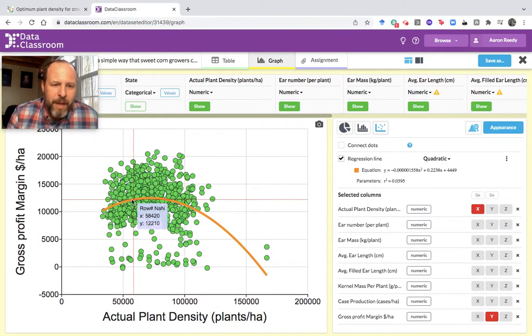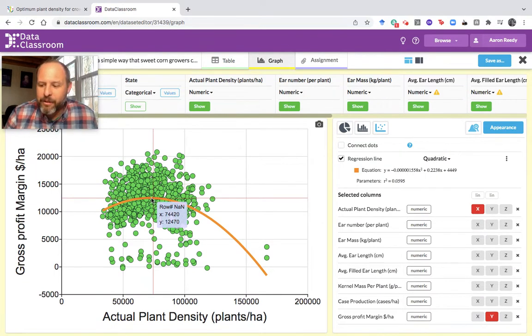And you can see that the model predicts profit there of only $12,210 per hectare. And so the difference between that and the optimum in this model, which is somewhere up here, 12,470, indicates that on average, corn producers could be producing an extra $270 per hectare if they planted at higher densities that are more in accordance with this model.